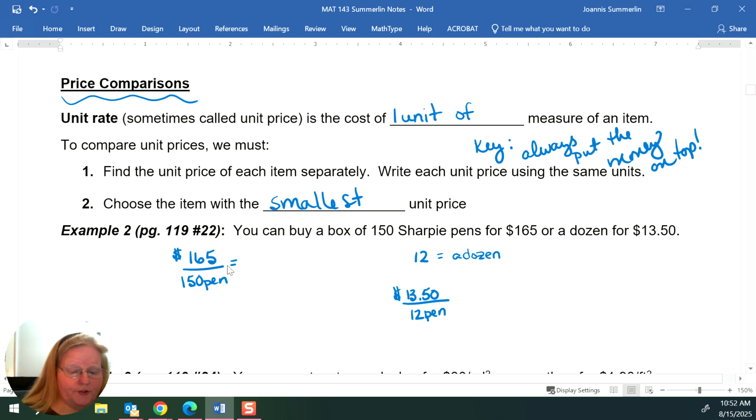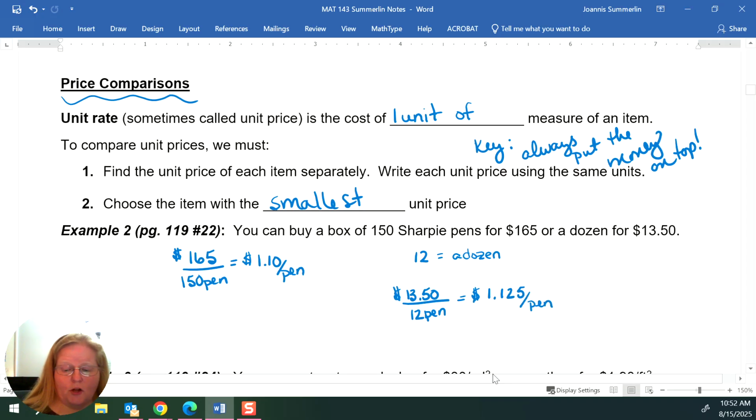So over here, when I do this calculation, 165 divided by 150, I end up with $1.10 per pen. Over here, when I do this calculation, I end up with $1.125 per pen.